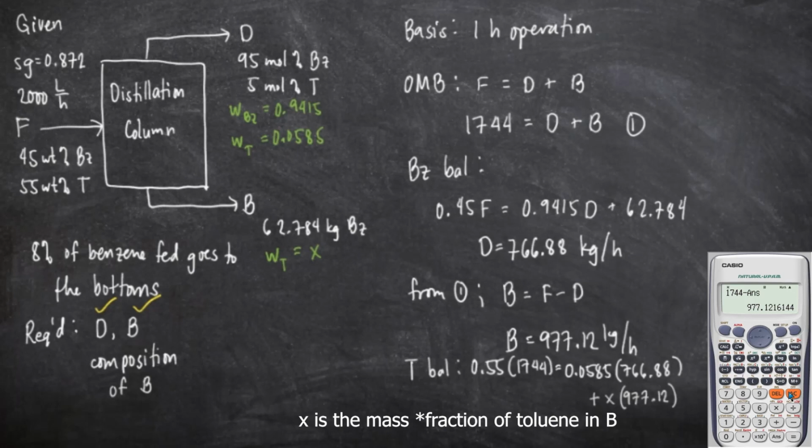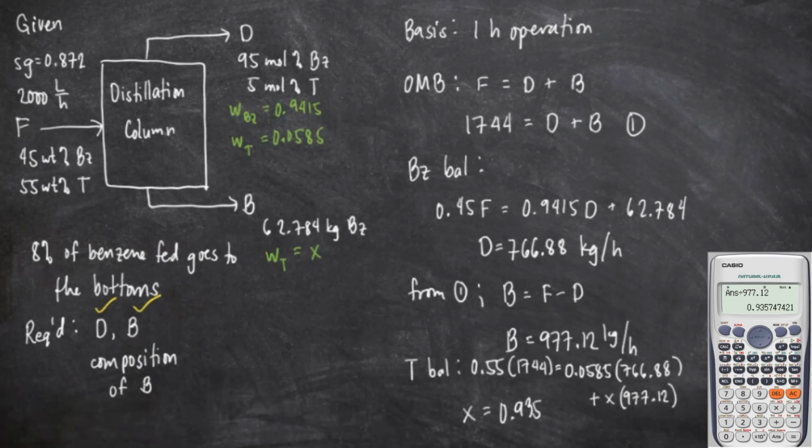Coming from this toluene balance, we can directly solve for the value of X. That is 0.55 times 1744 minus 0.0585 times 766.88 divided by 977.12. X is 0.9357.